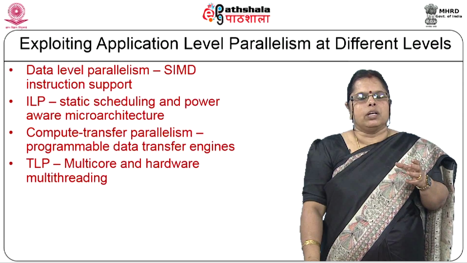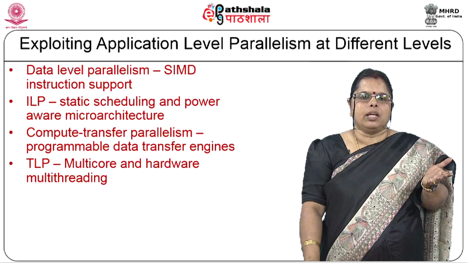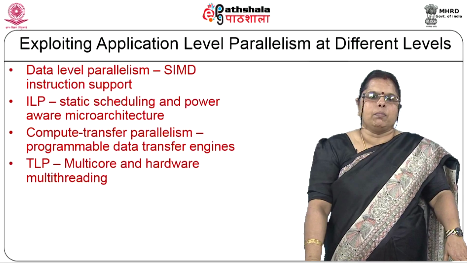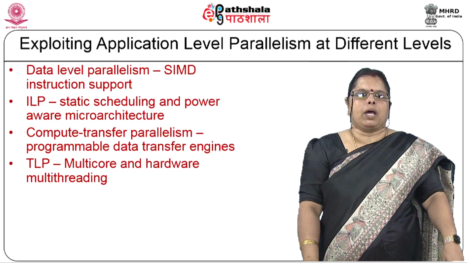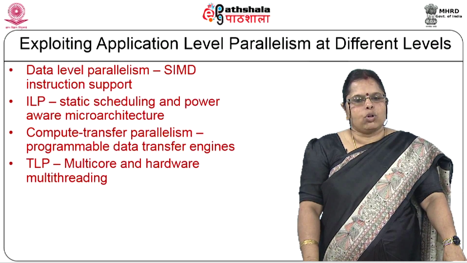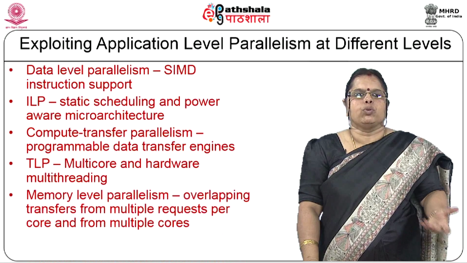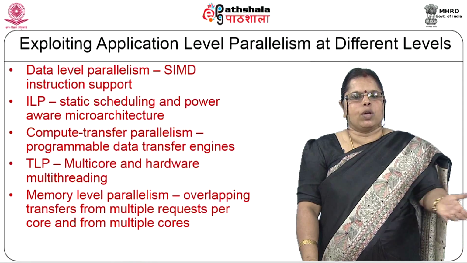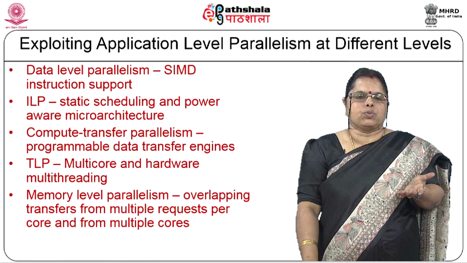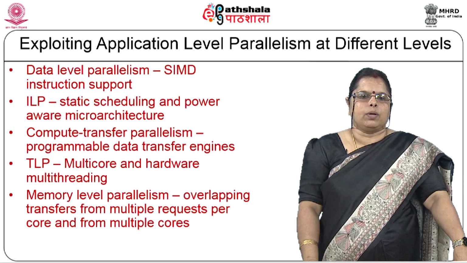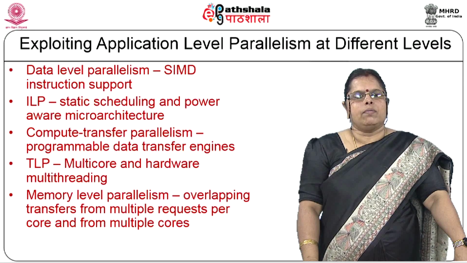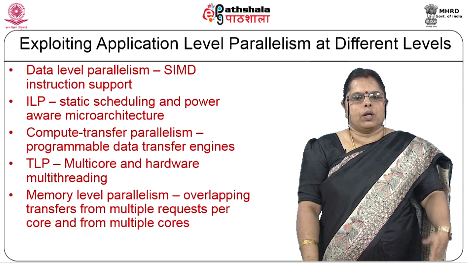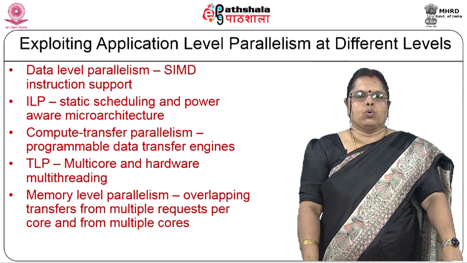Because compute operations happen in parallel with transfers on the DMA, you also have compute transfer parallelism. There is also thread level parallelism support, because it is basically a multi-core, so you can have multiple threads of execution, and you also have support for hardware multi-threading. And memory level parallelism, because you can overlap the transfers from multiple requests per core and also from multiple cores.